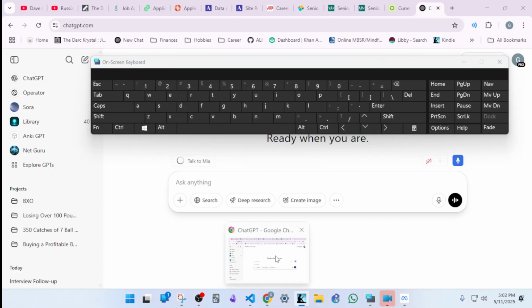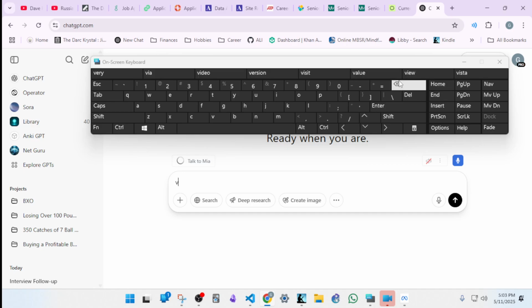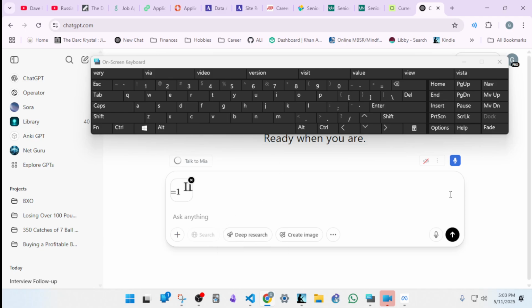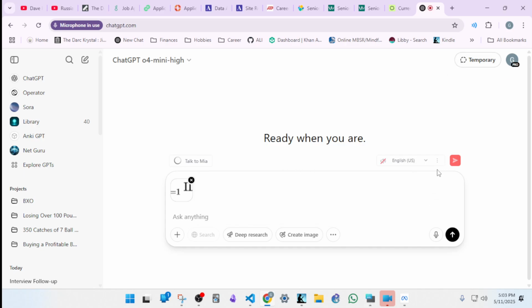I hate that glitch. Whenever you pull up the on-screen keyboard, it activates the prior window.